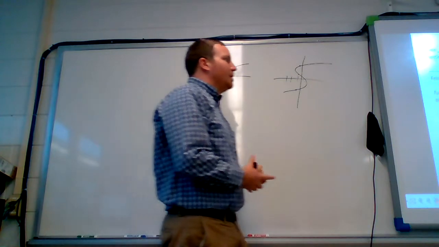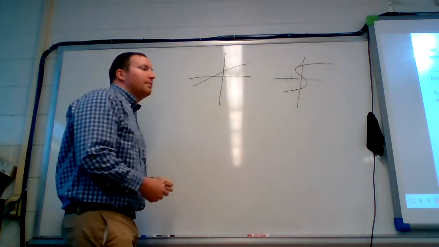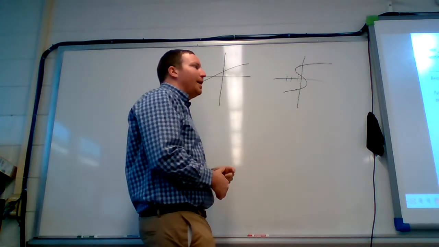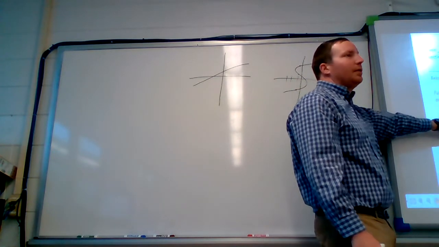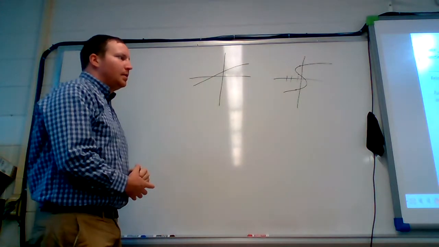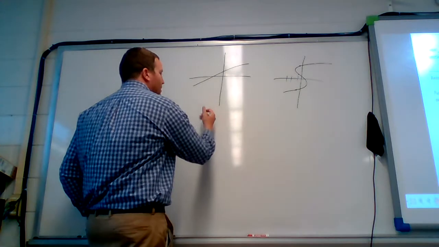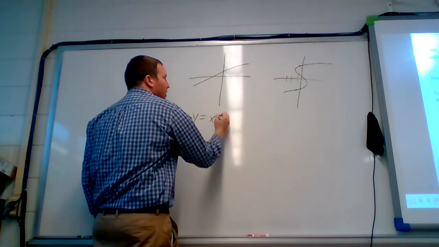Okay? So in my own words, a function is something where for every x input, there is only one y output. Something along those lines. Again, that's in your own words, however you want to fill it in. Examples of functions would be something like this line, which we would say is y equals x plus 1.